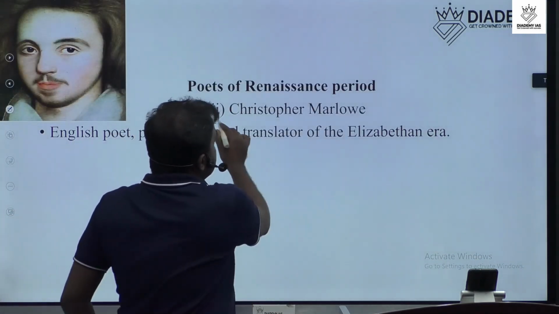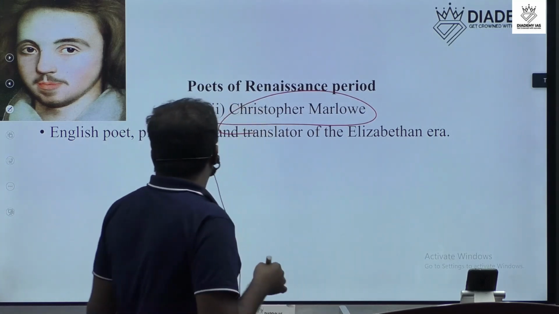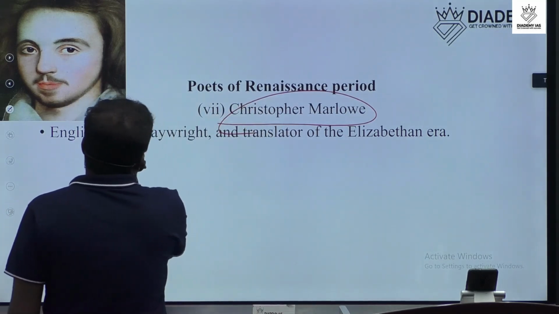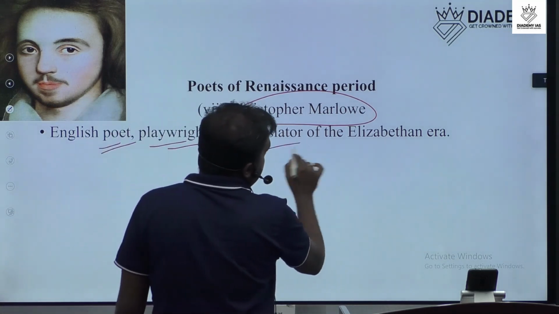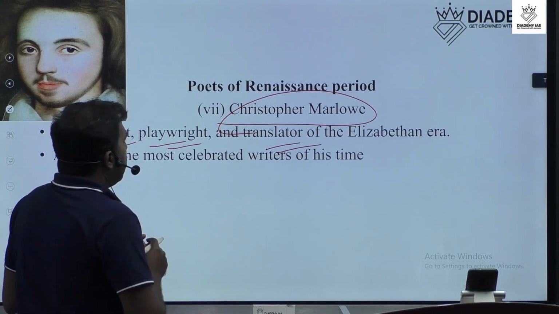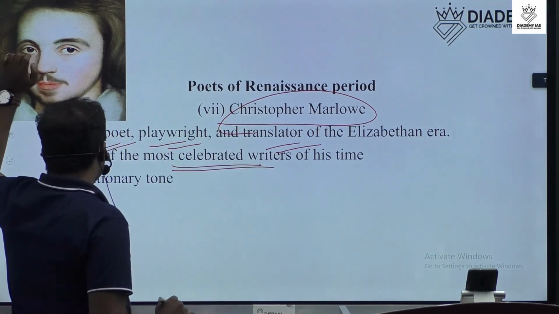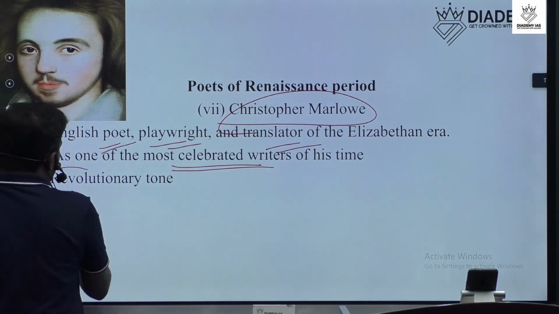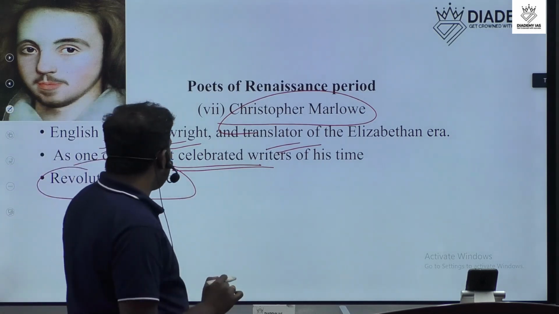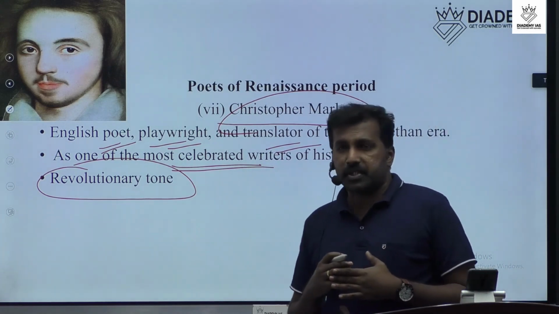Next is Christopher Marlowe, also one of the important writers of this time. He was a poet, playwright and translator in the Elizabethan era, and he was considered the most celebrated writer in England. He was also one of the important writers who used a revolutionary tone. What is revolutionary tone?